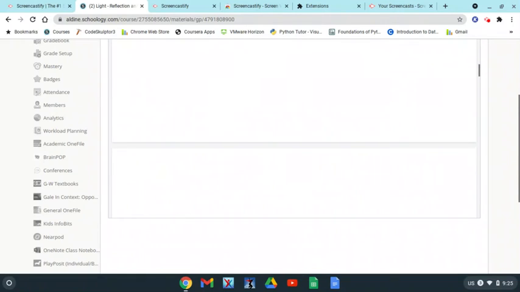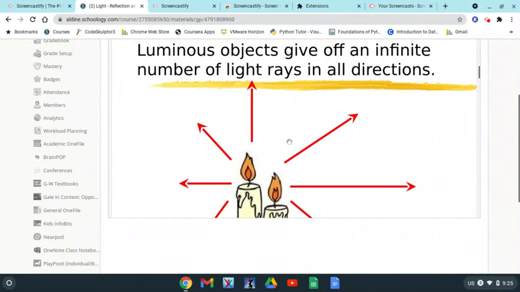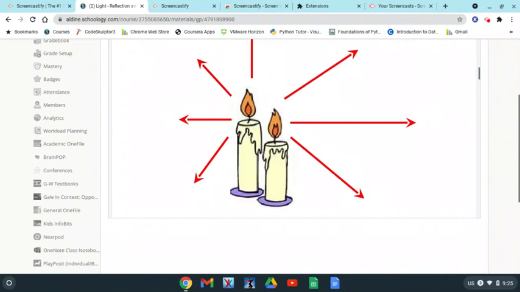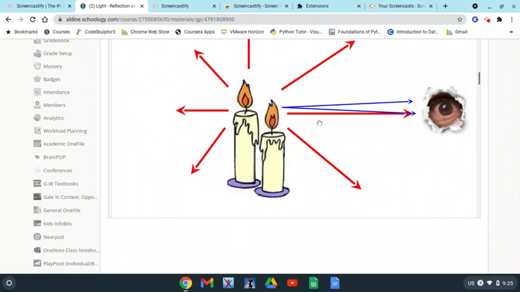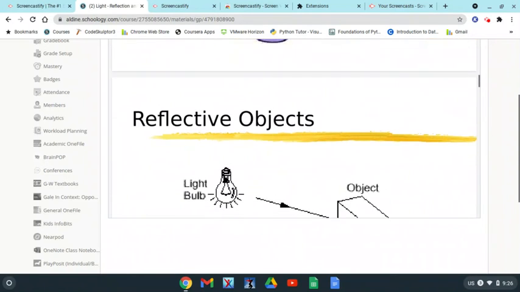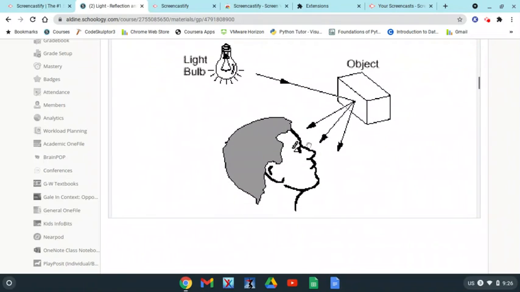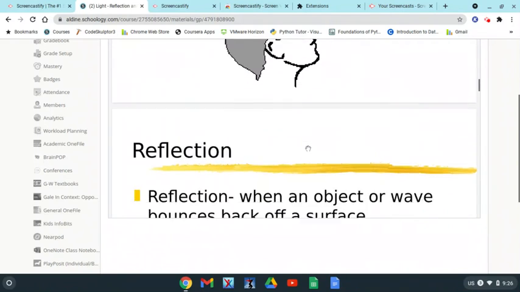And it talks about reflection off of different surfaces. And then here, the human eyes evolved to always assume that light is traveling in straight lines. And when it sees lights diverging, it kind of gets an idea of how far away it is. And so here's reflection taking place.